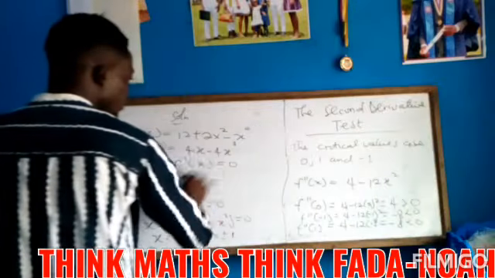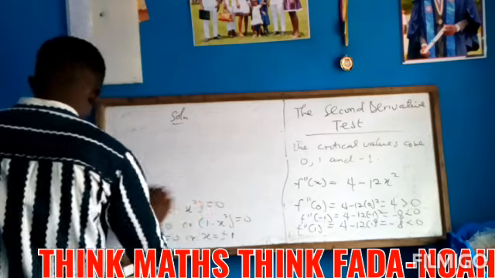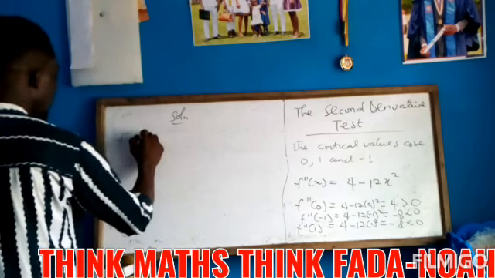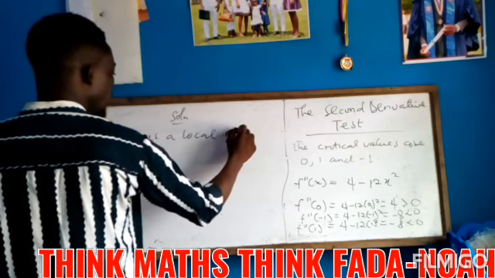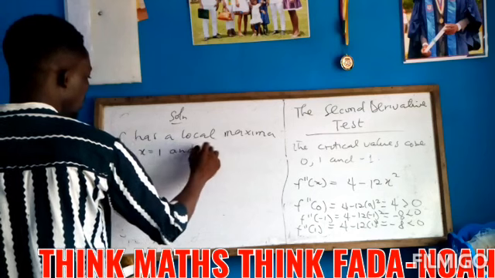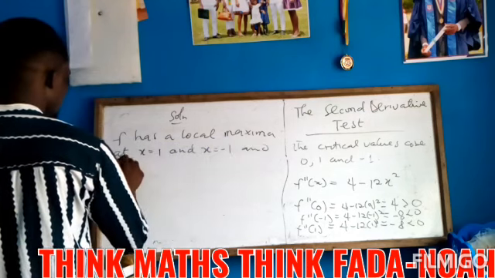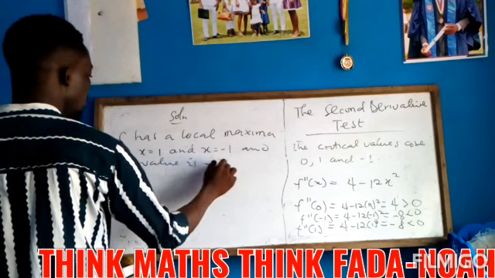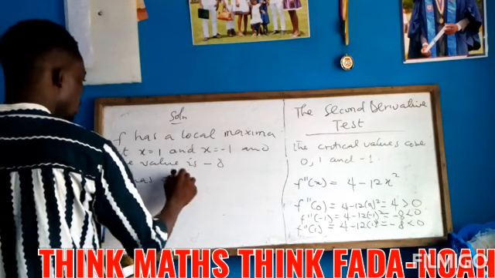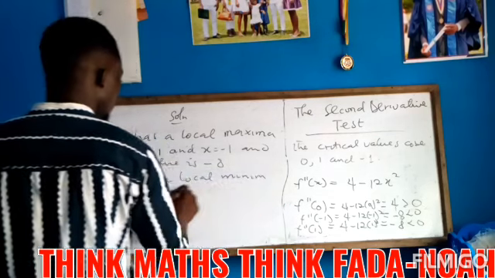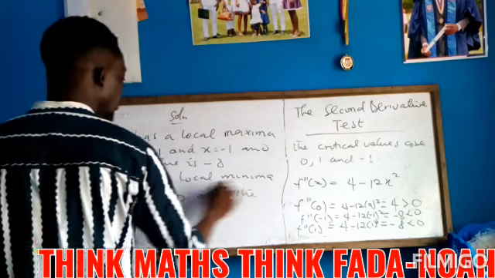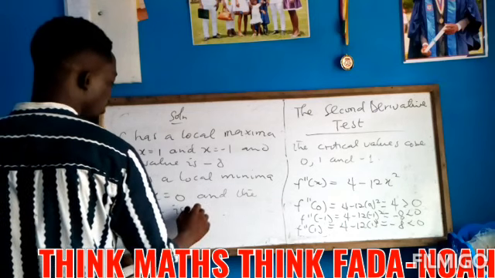So let's write something here. f has a local maxima at x equal to 1 and x equal to minus 1, and the value is minus 8. f has a local minima at x equal to 0, and the value is 4.